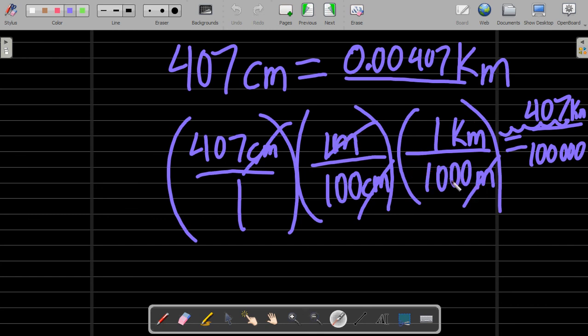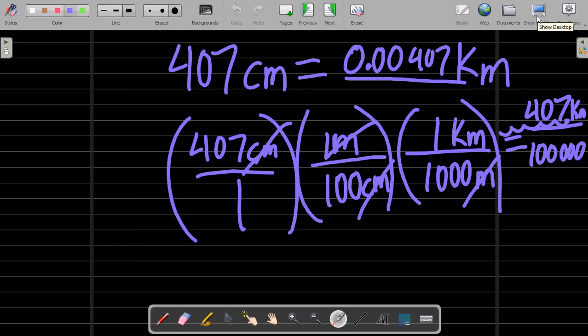All right, so that's going to leave us, when we multiply across the top, multiply across the bottom, 407 kilometers divided by 100,000. And so then that means this decimal is going to move 1, 2, 3, 4, 5 spaces. So our answer is 0.00407 kilometers. All right, so that's that.